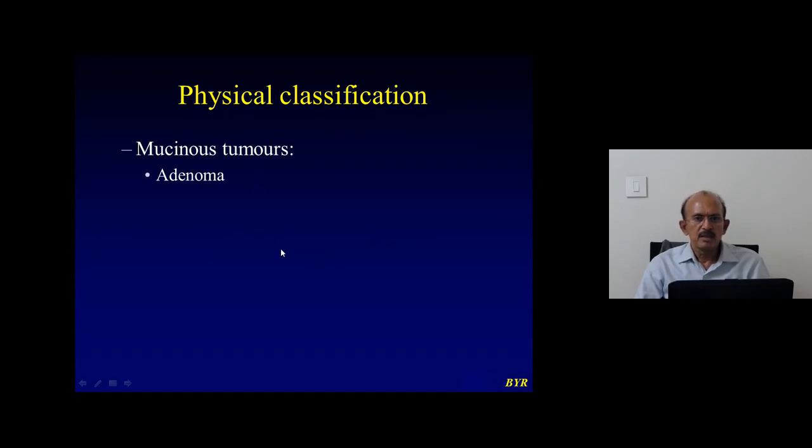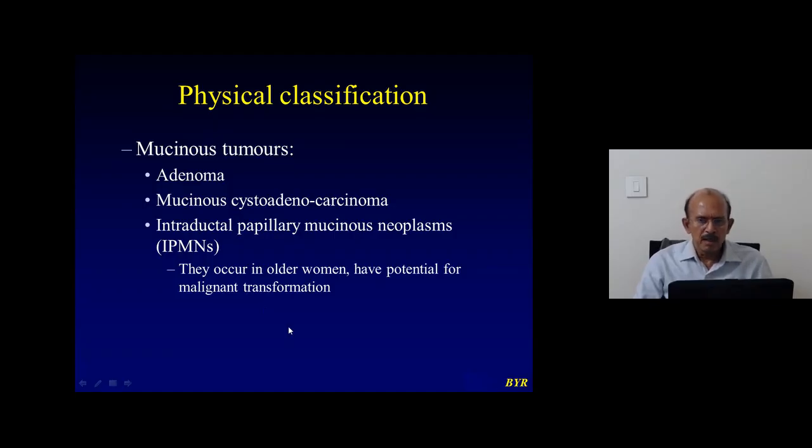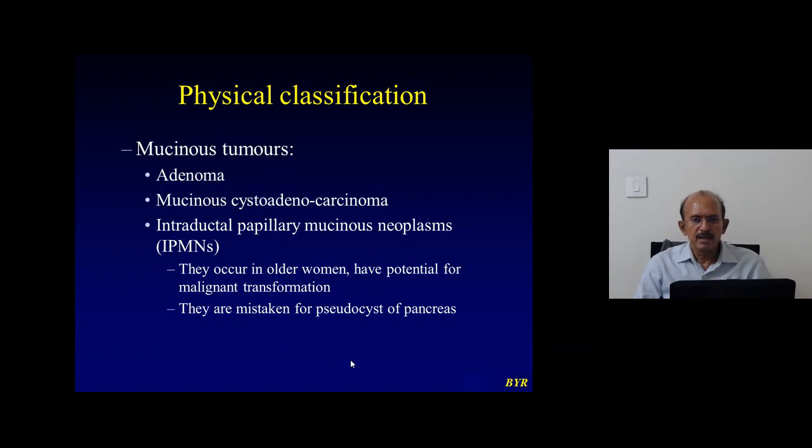Mucinous tumors, they are classified into adenoma, mucinous cystadenocarcinoma, intraductal papillary mucinous neoplasms, they are described as IPMNs. These occur in older women, have potential for malignant transformation. They are mistaken for pseudocysts of the pancreas.